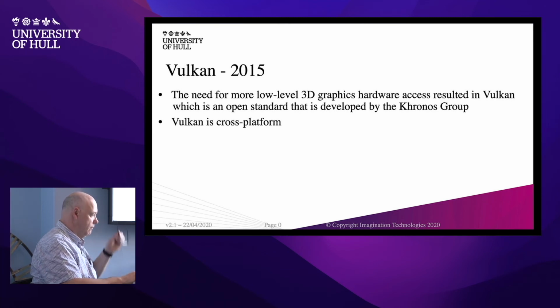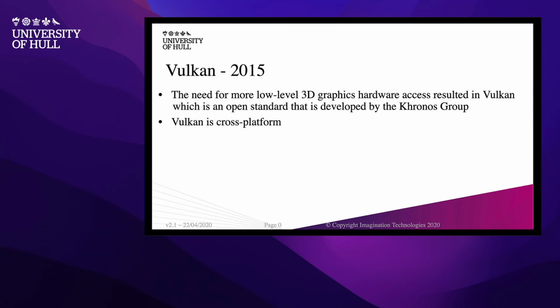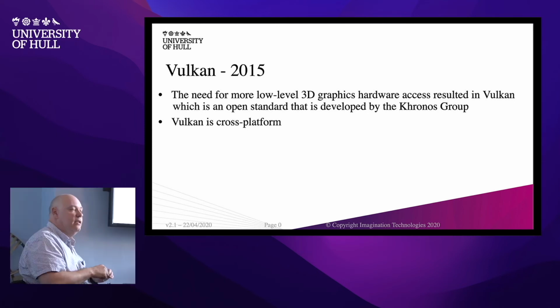Now, Vulkan is a low-level 3D graphics SDK. It is cross-platform, and it was developed by the Khronos Group, who also did OpenGL ES. It's very powerful, but it's also vastly more complicated than using OpenGL.